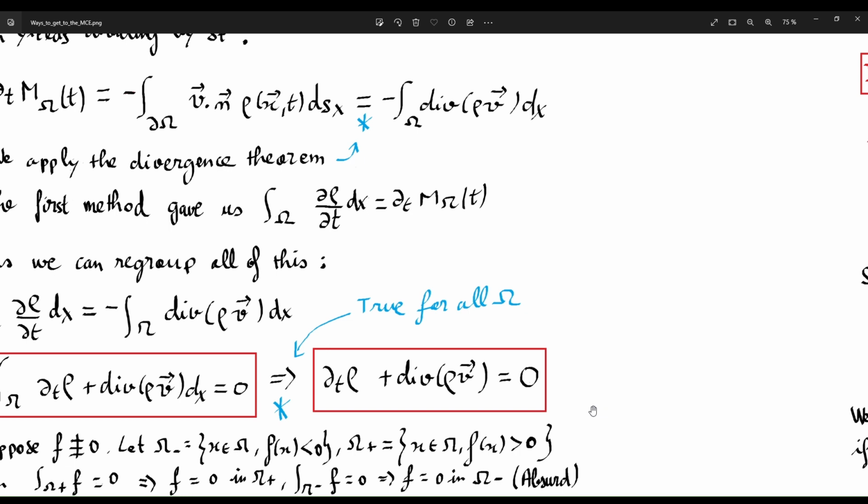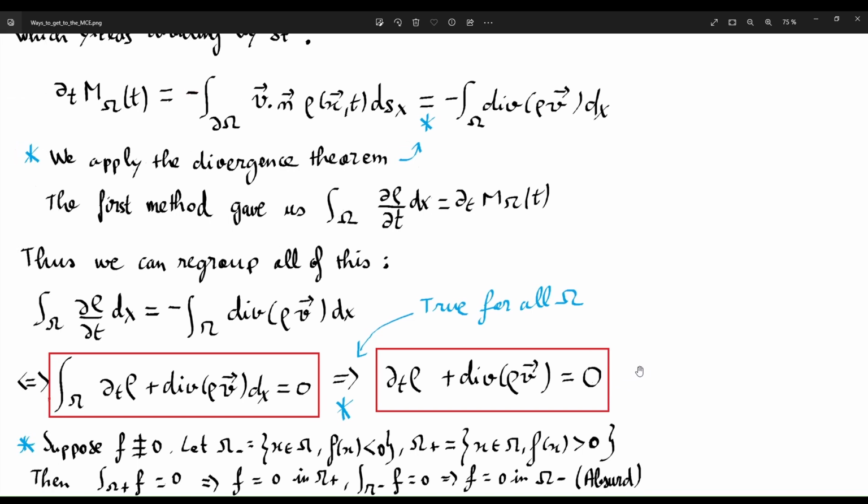Same thing goes on omega minus. So we have f identically 0 on omega, because omega is the union of omega minus and omega plus, and when f is equal to 0, it's equal to 0. So f is equal to 0 in all omega, and it is absurd. We have our contradiction.